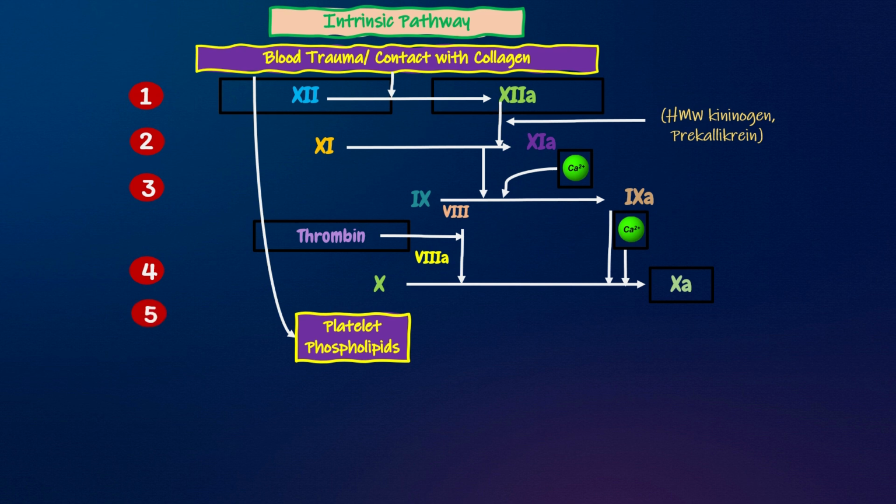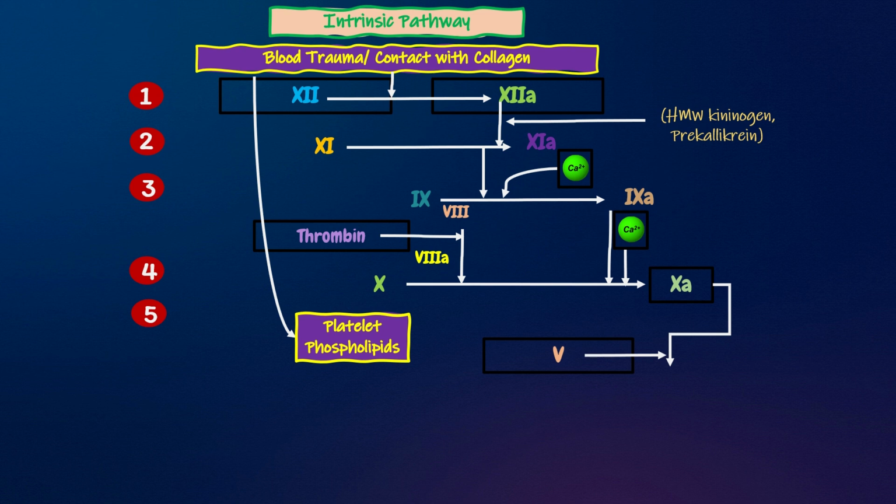In the fifth step, there is action of activated factor 10 to form prothrombin activator and the role of factor 5. This step in the intrinsic pathway is the same as the last step in the extrinsic pathway.